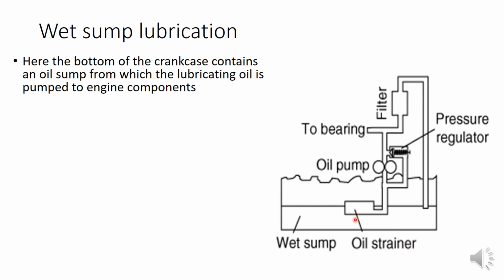A strainer is a filter. The oil is pumped with the help of an oil pump to the different components. And we will have another filter also, and some pressure regulating device, etc. So mainly our crankcase collects the lubrication oil, so it is known as the wet sump.